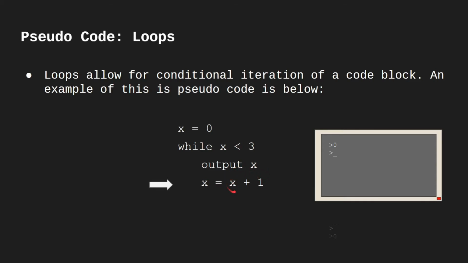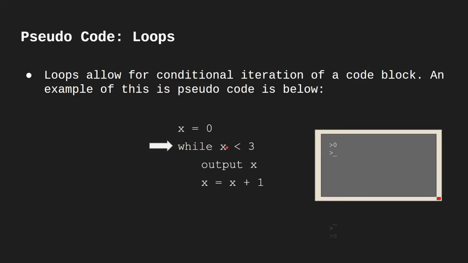So in this current context, it's going to evaluate from the right side first. So we will say 0, because that is the current value, as you can see displayed on the screen, plus 1 is equal to 1. So we're going to assign 1 to x. And then we pop back up because this is a looping structure. It comes back up to the top.